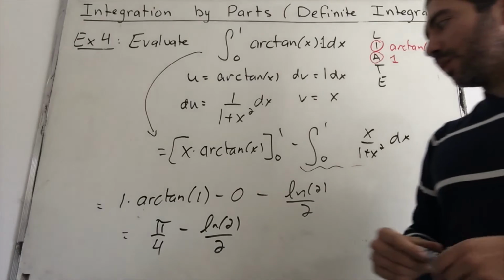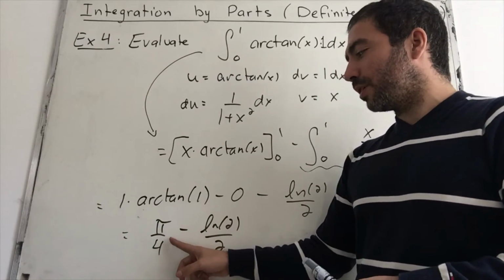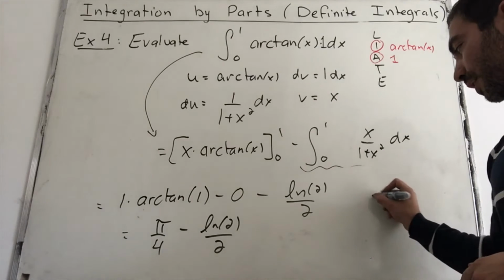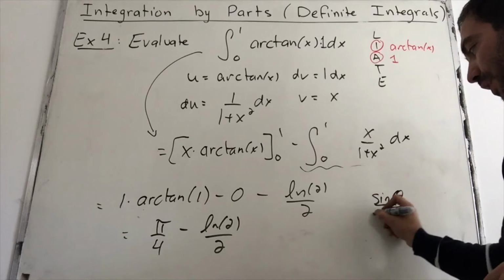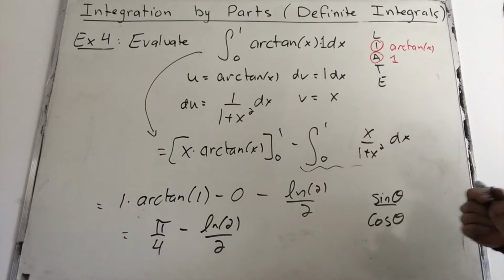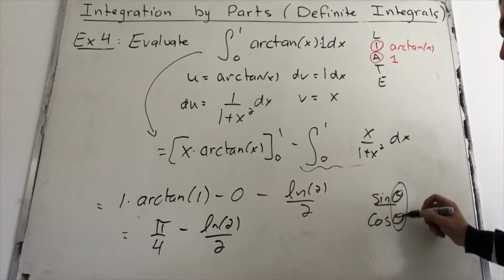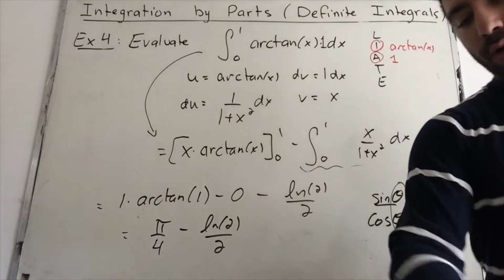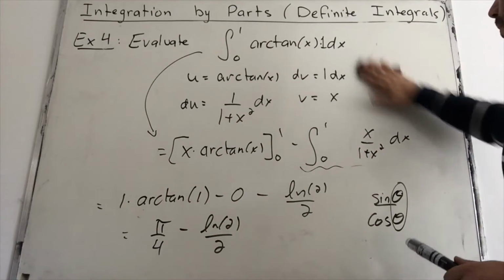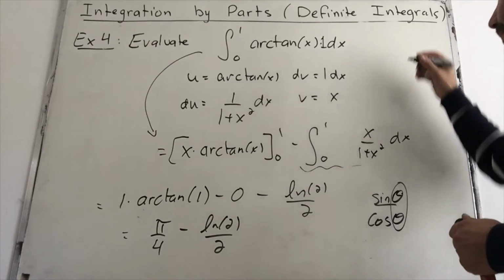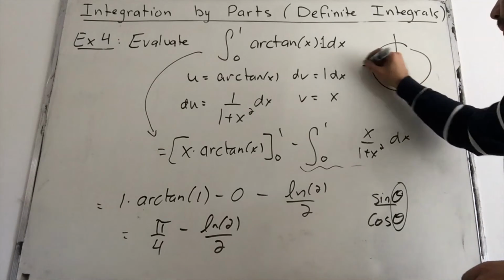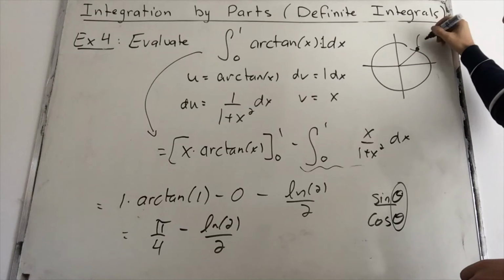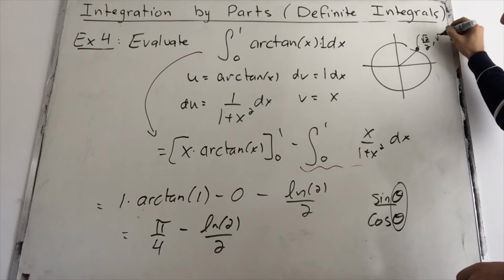Okay. You're basically asking yourself what angle gives arctan of 1. You could think of tan as sine theta over cos theta, and you want to know which angles, when you divide them, would give us 1. Well, this occurs on our unit circle when sine and cos are both root 2 over 2.